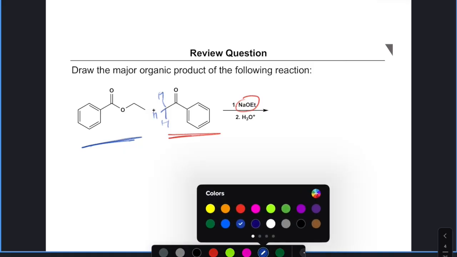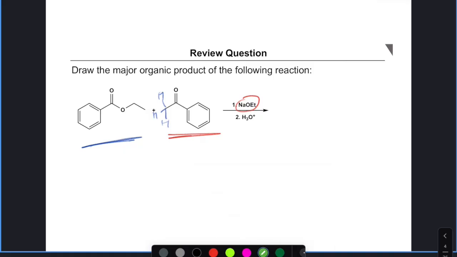So my base is going to make my enolate. So that's my donor. That one is an obligate acceptor. It cannot be deprotonated. It's just an electrophile. So we're going to add to that fraction.